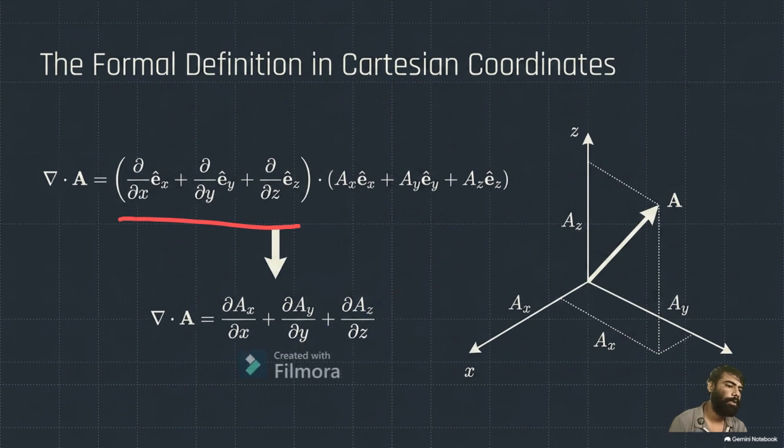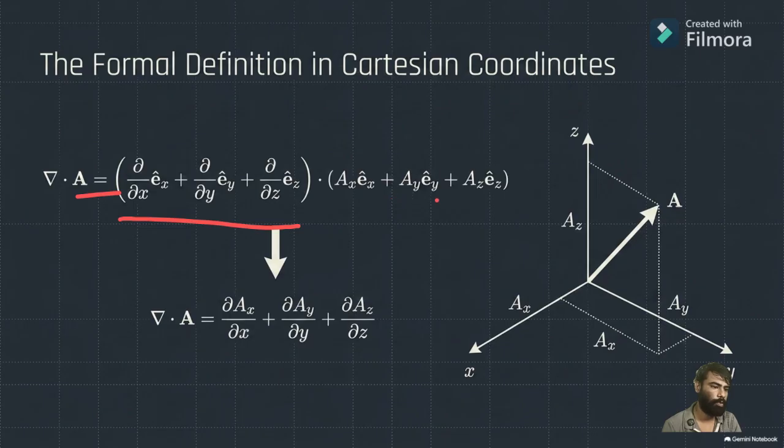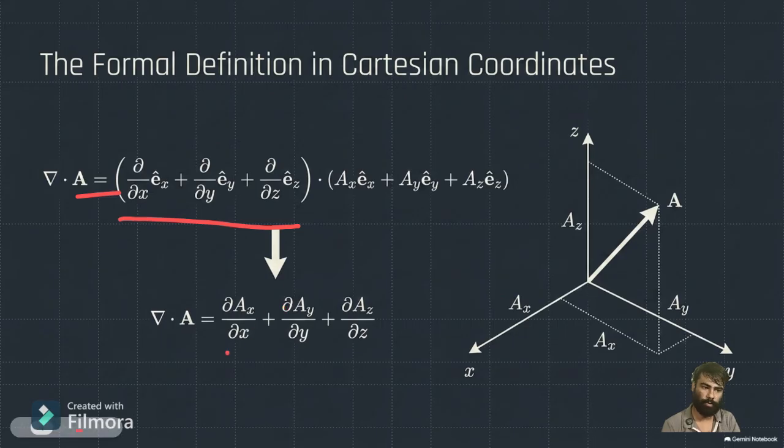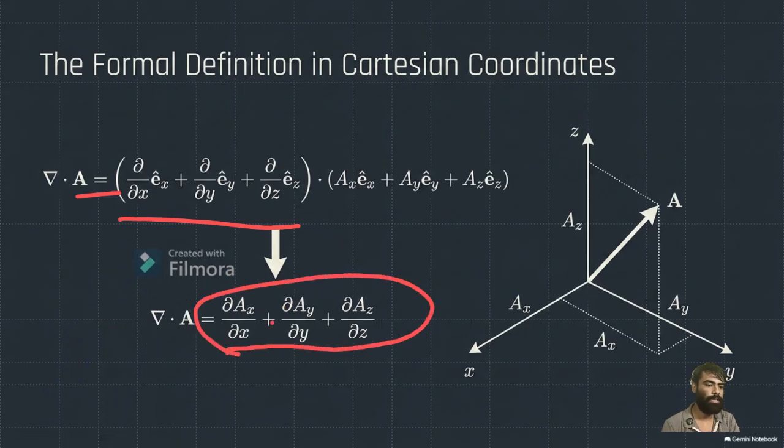Now we can define the divergence as the dot product of the del operator and a particular vector. The vector is A_x e_x cap plus A_y e_y cap plus A_z e_z cap. If we do the dot product, recalling how the dot product works, that gives you del A_x/del x plus del A_y/del y plus del A_z/del z, and that will be our divergence.